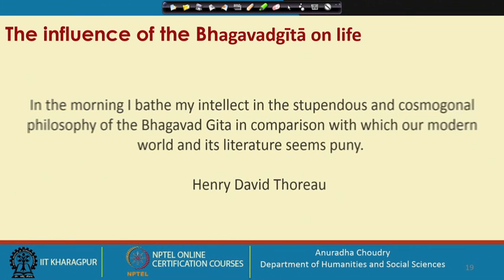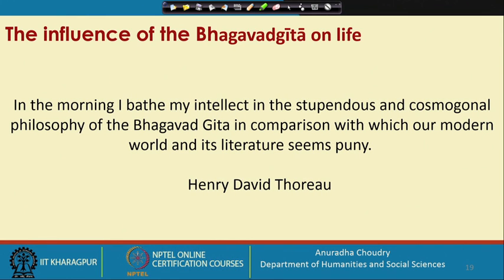And like in every case, I'd like to end with a powerful quotation on Sanskrit and the heritage that is associated with Sanskrit. So this is a very significant statement by Henry David Thoreau. He says, "In the morning I bathe my intellect in the stupendous and cosmogonal philosophy of the Bhagavad Gita, in comparison with which our modern world and its literature seems puny."